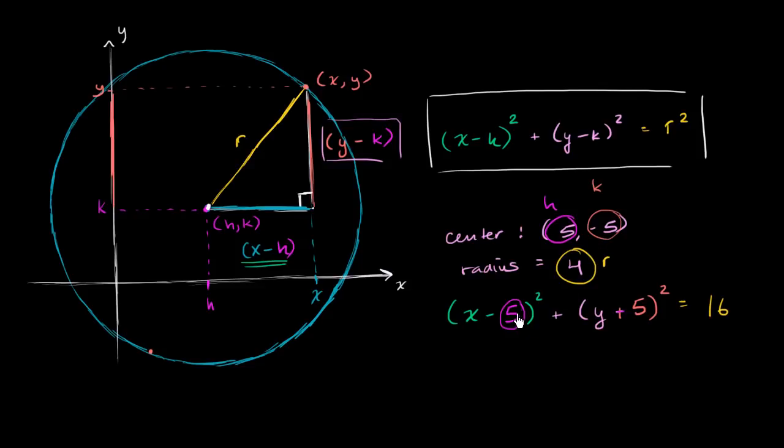Another way to think about it is, what are the x and y's that will make each of these terms equal to 0? So if you have x equals 5 here, then this thing is going to be equal to 0. If you have y equals negative 5, then this thing is going to be equal to 0. If you had a circle centered at the origin, then you're just going to have x squared plus y squared equal to the radius squared.